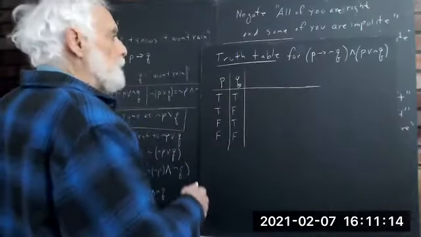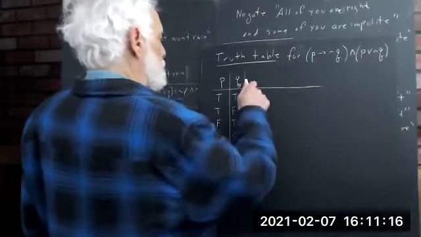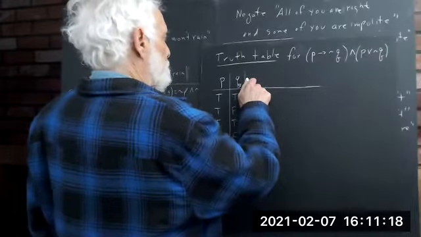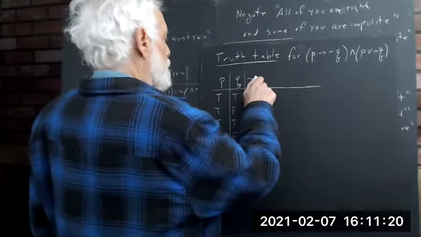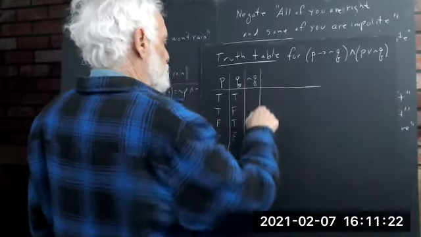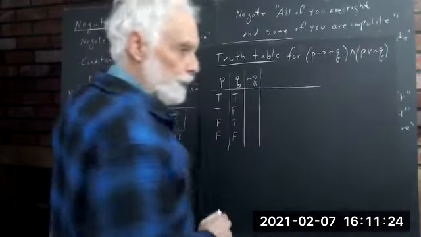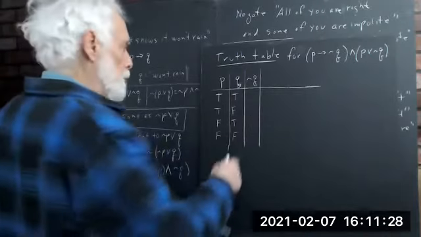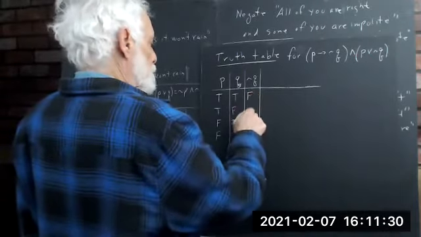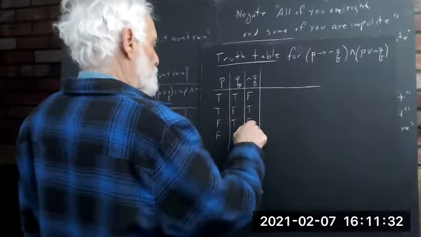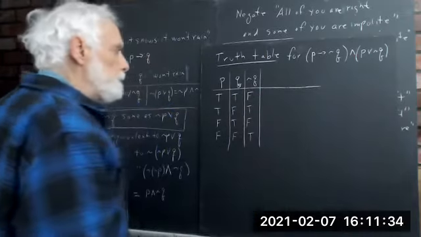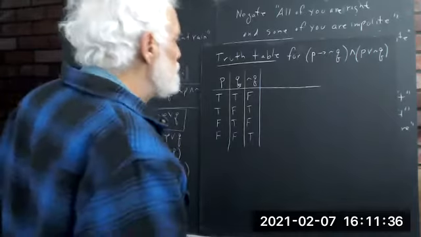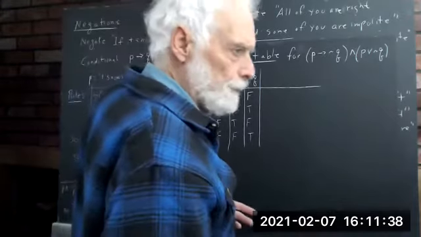So, first thing we want to do is make a column for not Q, because not Q appears up here. And of course, that's just going to reverse the truth values of Q. I think everybody's good with that. And then, what do we need?